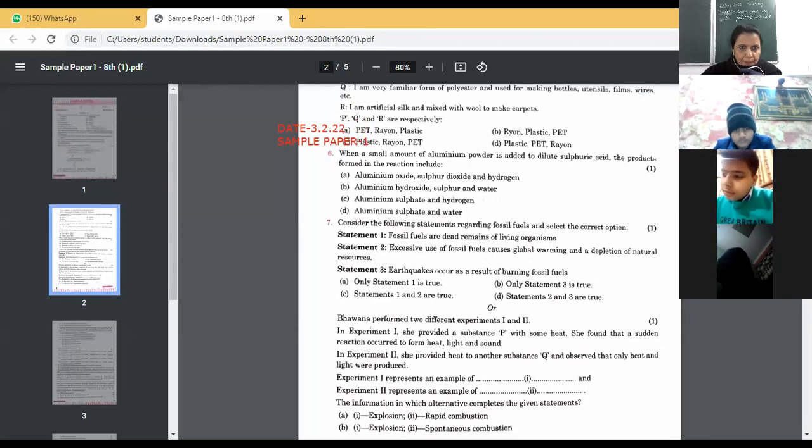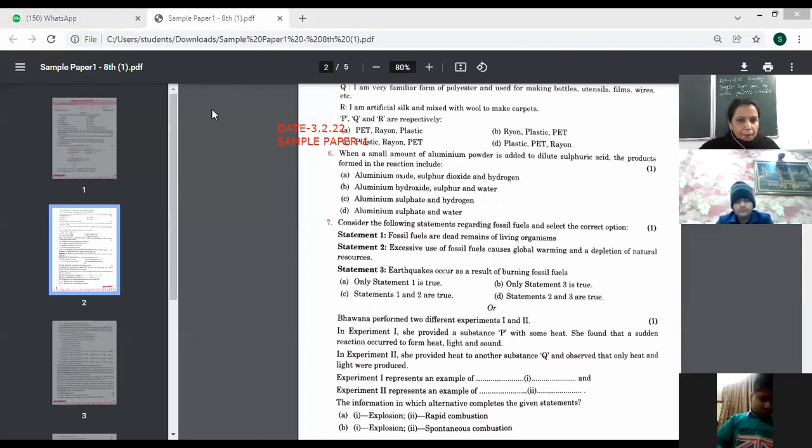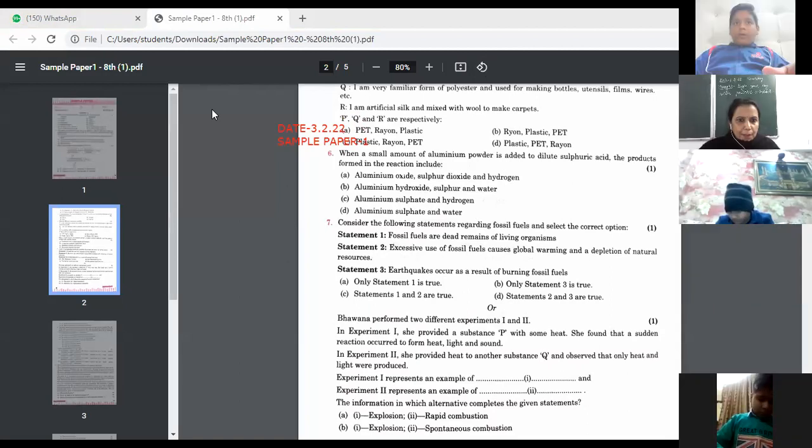Question number 6 is, when a small amount of aluminium powder is added to dilute sulfuric acid, the product formed in the reaction includes. Kindly read the question carefully. When a small amount of aluminium powder is added to dilute sulfuric acid, then what will be included in this reaction?